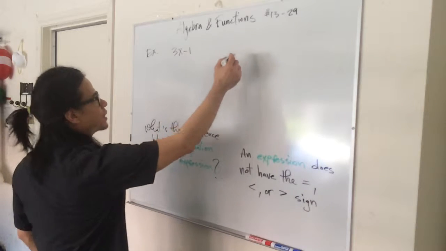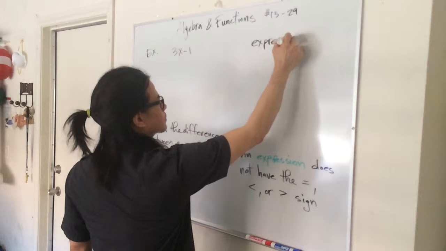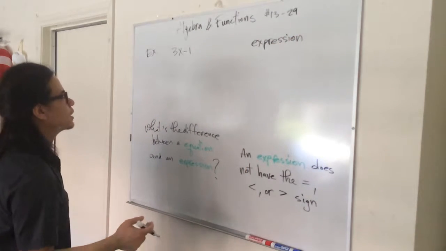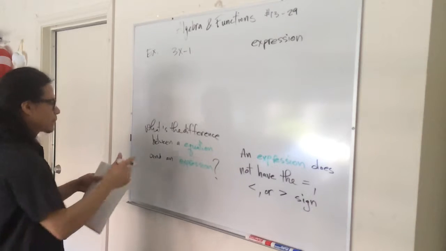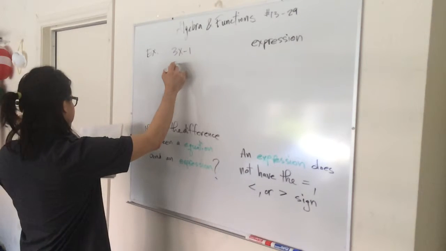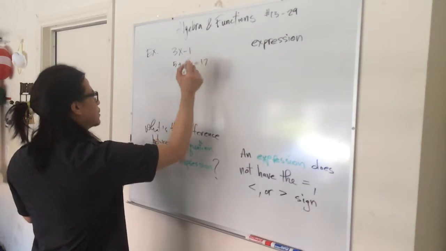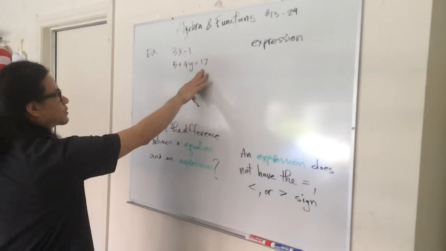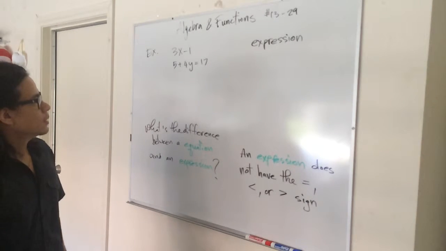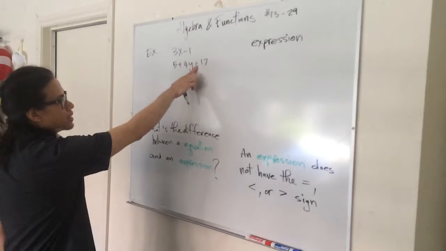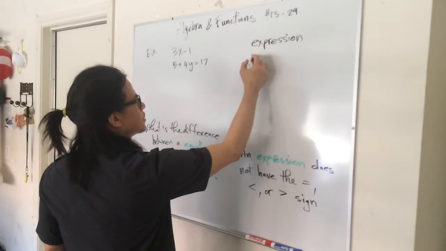So this is an expression, since there's no equal sign, nor is there any greater than or less than sign. What about 5 plus 4y equals 17? Is this an expression or an equation? There's an equal sign there. So this makes it an equation.